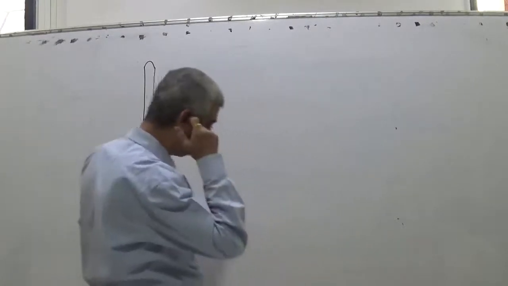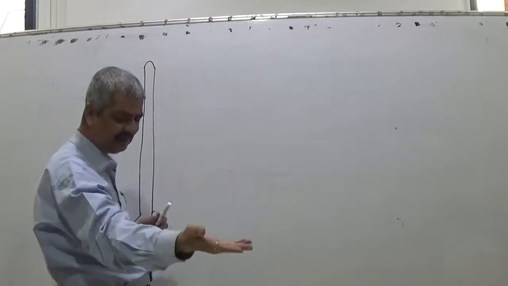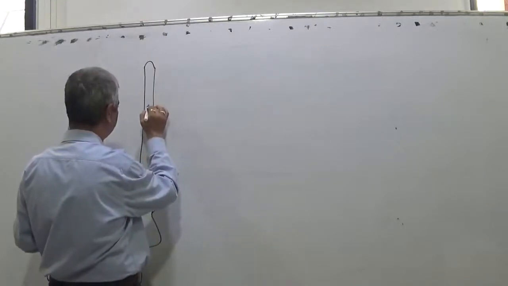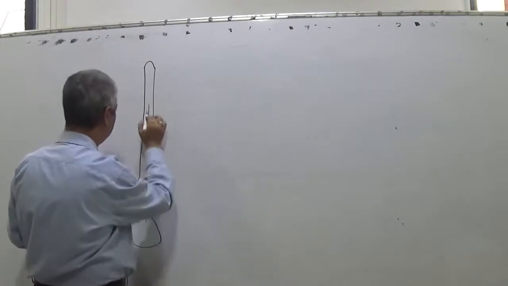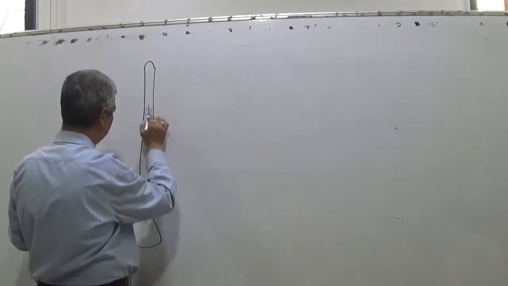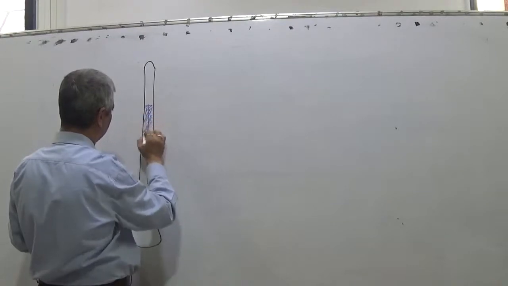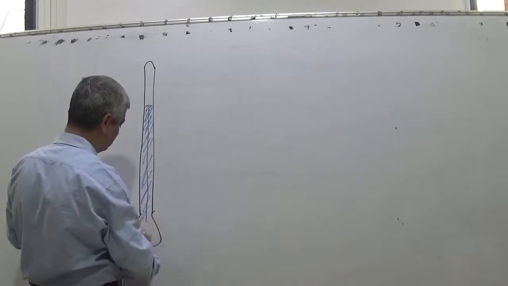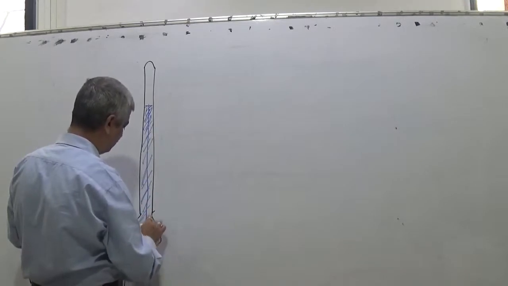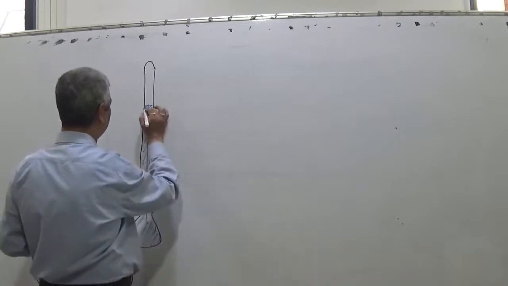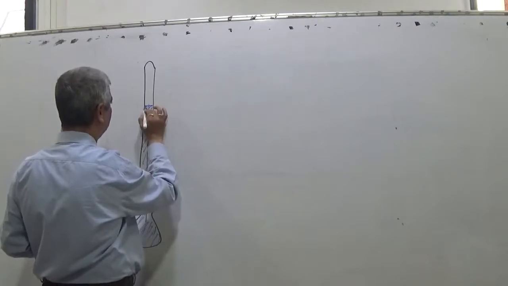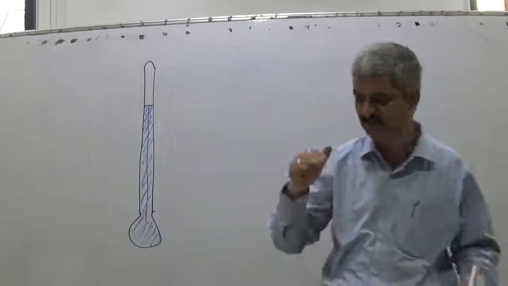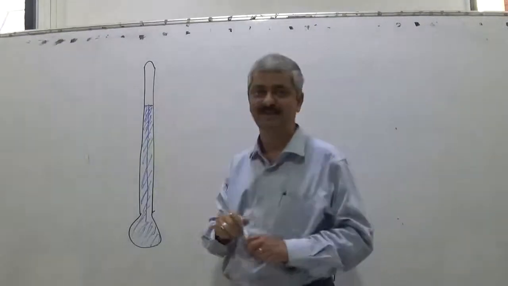Blue is mercury, you can presume, and depending upon the temperature the mercury will expand or contract. So the point till which the mercury is there is the temperature.